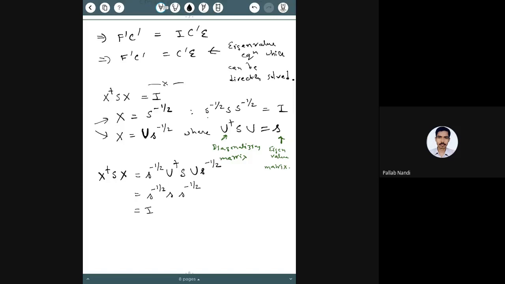Basically, both are equally good from the point of view of maths, but going through the diagonalization allows us to do something more. It allows us to check the eigenvalues of capital S for linear dependence in the basis.